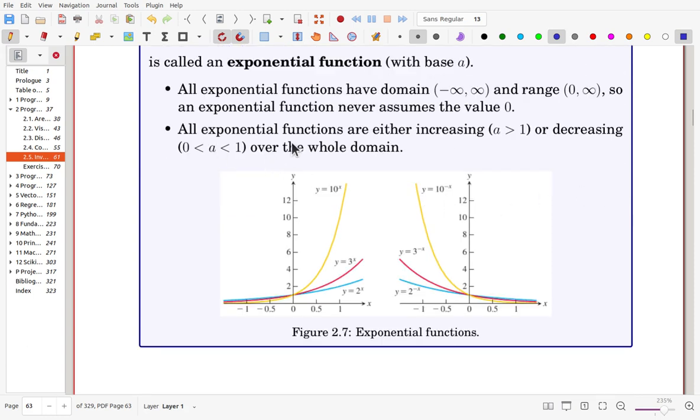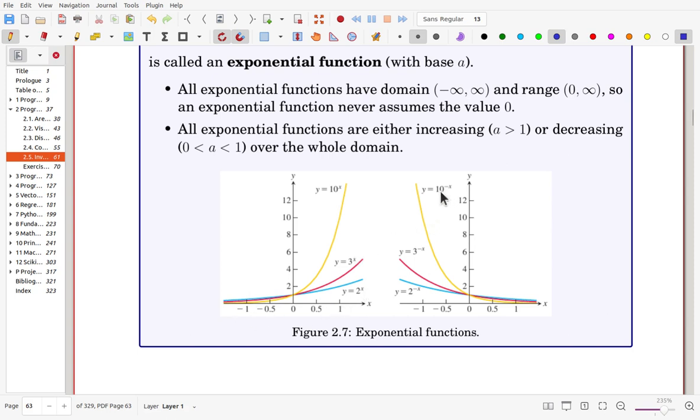All exponential functions are either increasing when a is larger than 1, or decreasing when a is between 0 and 1, over the whole domain. For example, 10 to the x is always increasing, as are 10 to the 3x and 10 to the 2x.